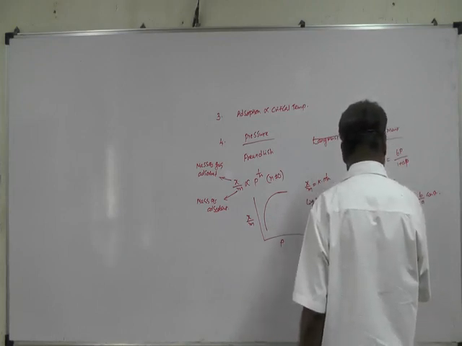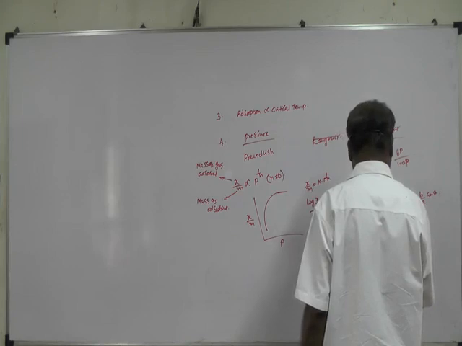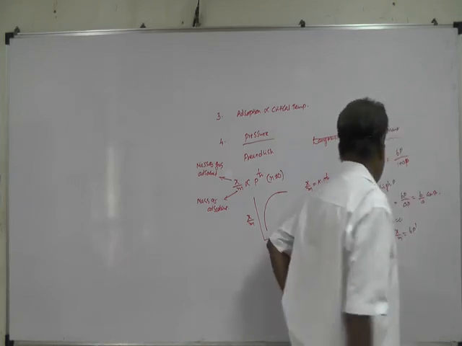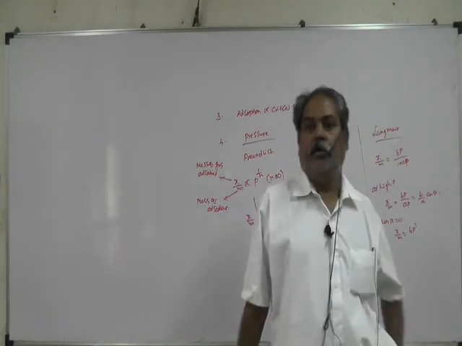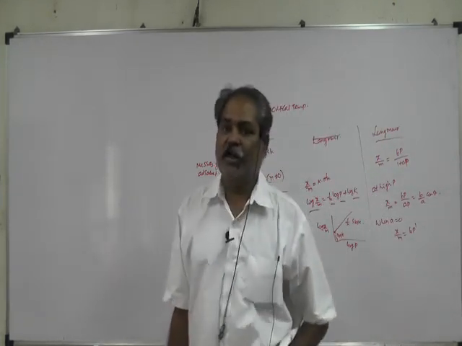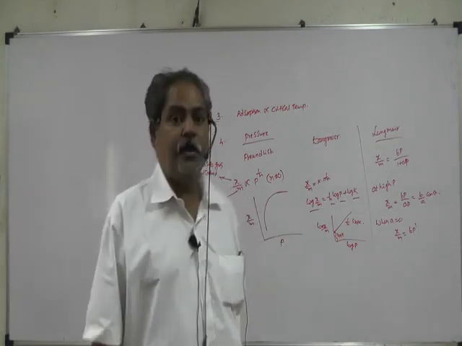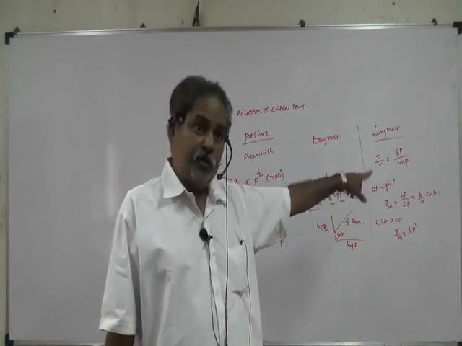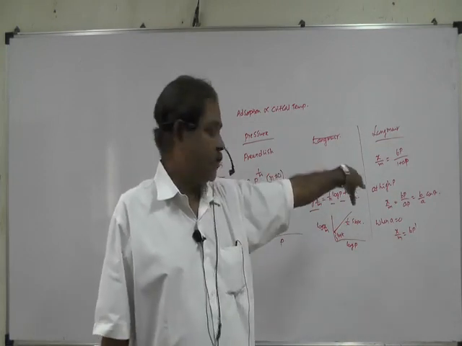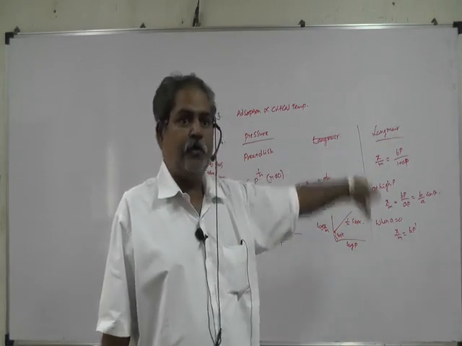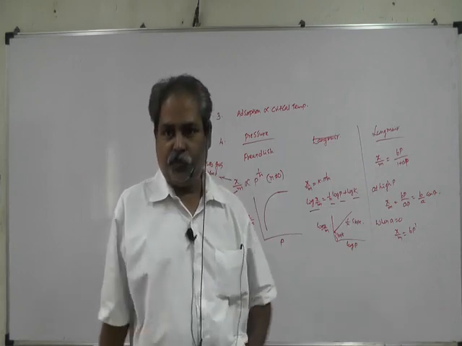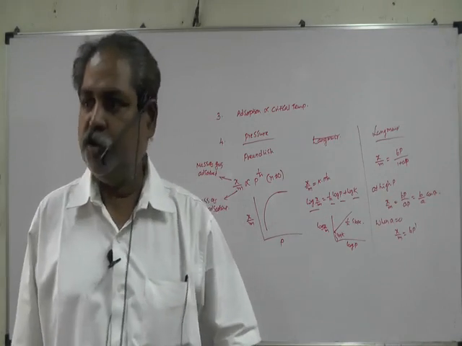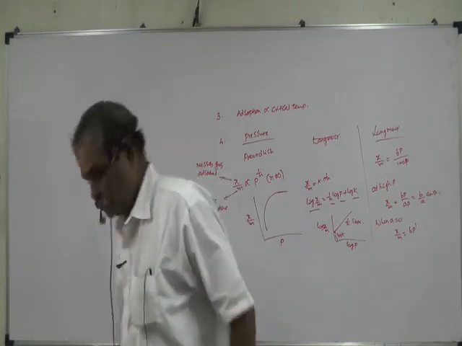X by M is equal to BP power 1 and A is equal to 0. So, Langmuir is the general equation and Freundlich is a case in it. This is a general equation. इससे ये बना, इससे ये नहीं बनता. Langmuir में एक ही जगह case. Y is equal to mx is a case of y is equal to mx plus c, isn't it? Then c is equal to 0.